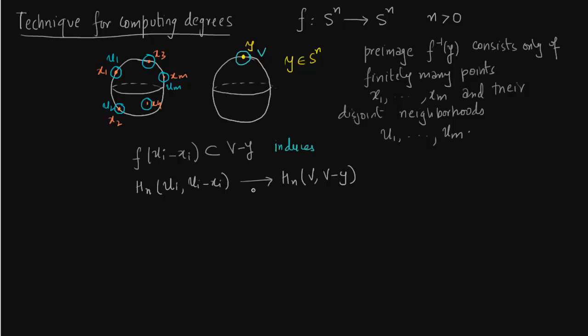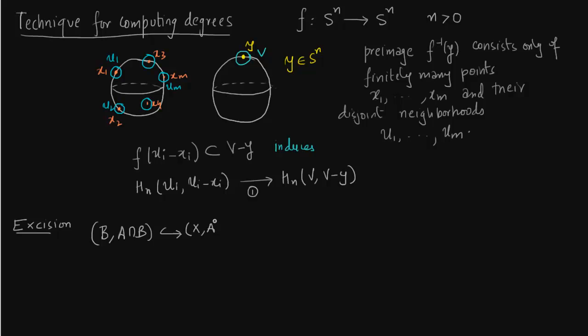I would denote this map by 1, but you can also say this map is Hn from Sn comma Sn minus f inverse y to Hn Sn comma Sn minus y. Instead of ui you can write Sn there, and instead of v you can write Sn, and instead of xi you can write f inverse y.